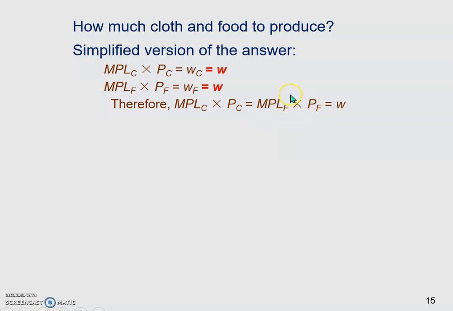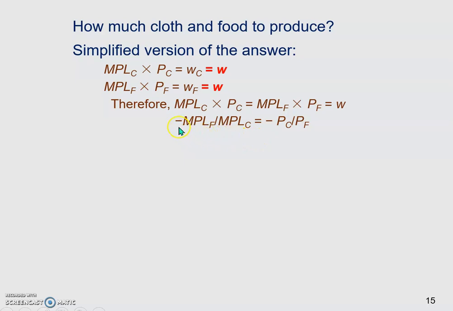So on the right-hand side, it gets canceled out. On the left-hand side, you see PC over PF, okay? Now we flip the two sides, and this is what we get, okay? Again, MPLF divided by MPLC equals PC divided by PF, okay? Price of cloth divided by price of food.